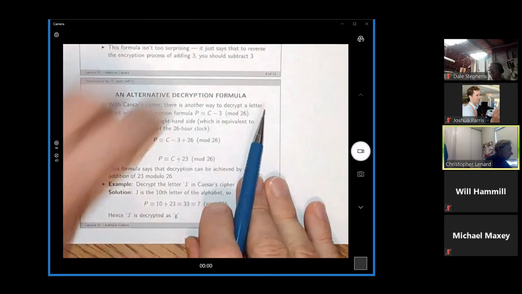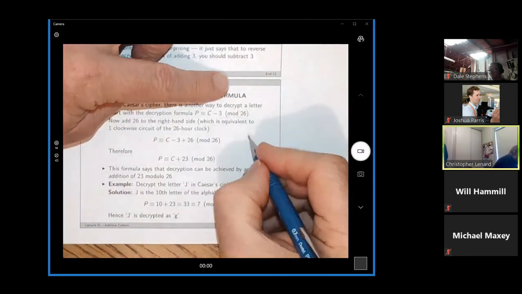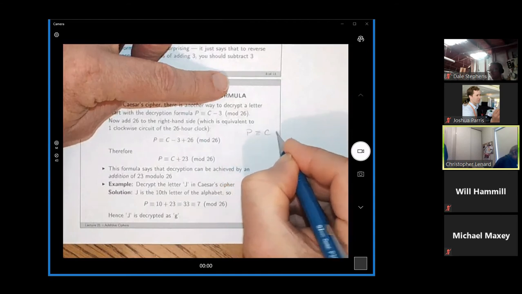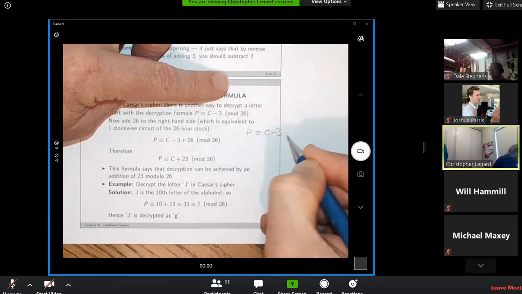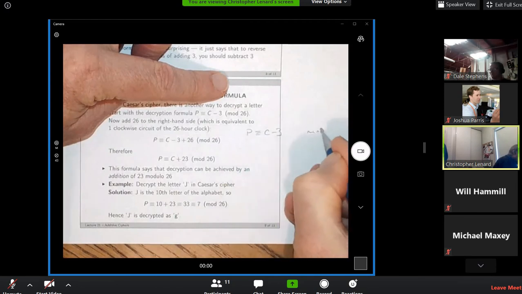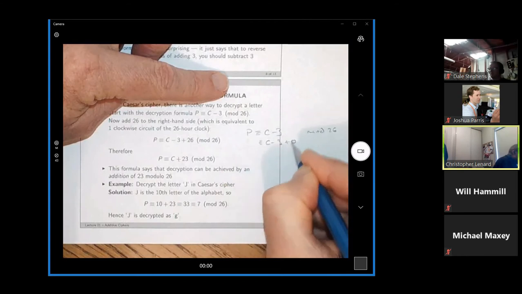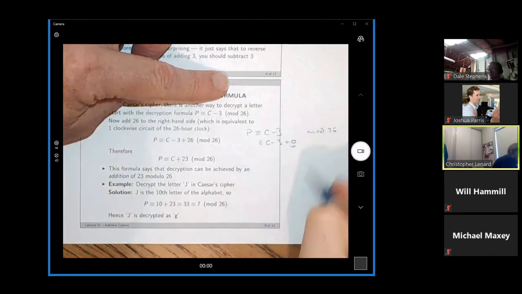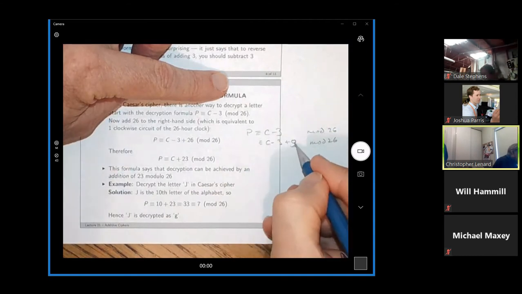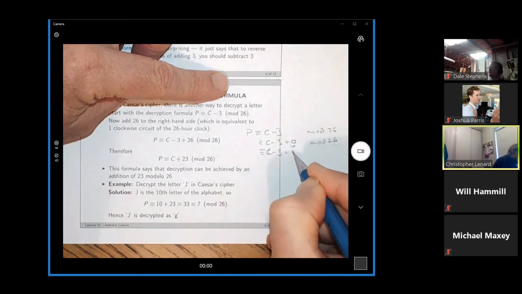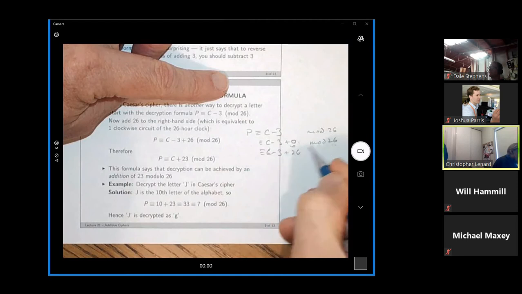Why? Well, what's going on here is that the plain text is congruent to the cipher text minus 3. This is in the mod 26 system. That's congruent to C minus 3 plus 0. So if I add 0, I don't do anything. And 0 in the 26 system is the same thing as 26. So 0 and 26 are the same.